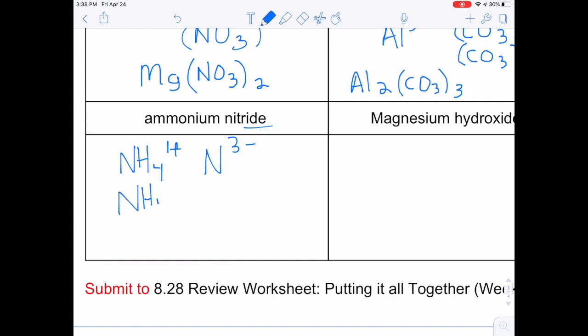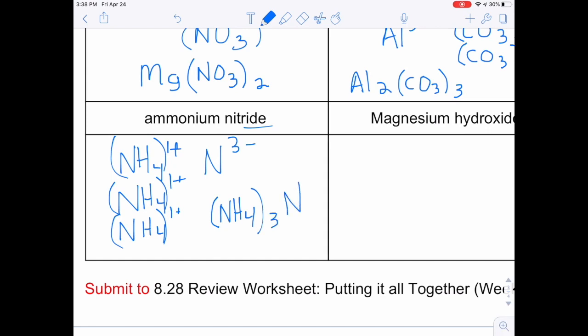I got to balance. Now they add up to 0. I took 3 of those. I guess I forgot my parentheses here. We don't want to forget that. So 3 of those. So to show that in my formula, NH4 in parentheses, 3, and then N. Only one N.